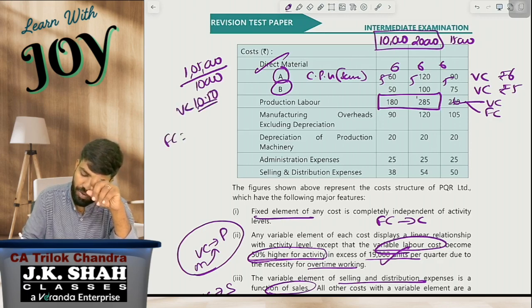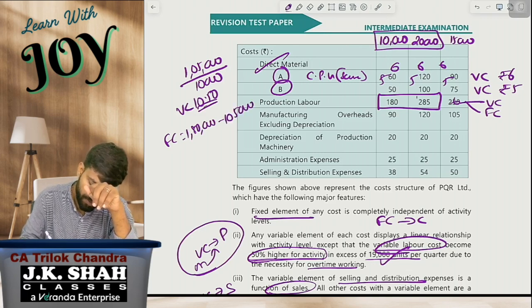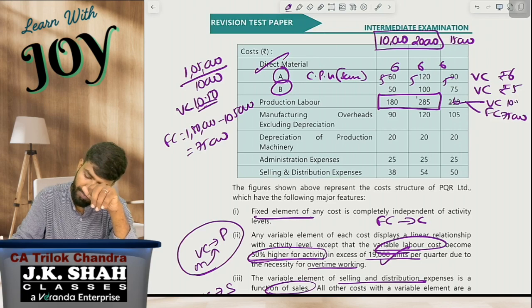Fixed cost equals total cost minus total variable cost: 1,80,000 minus 10,000 into 10.5, which is 1,05,000, equals 75,000. Fixed cost is 75,000. Variable cost per unit is 10.50.